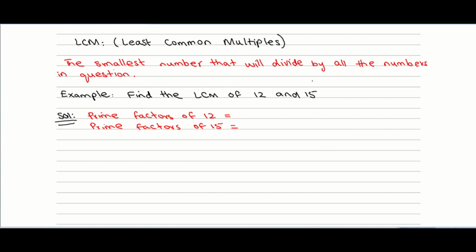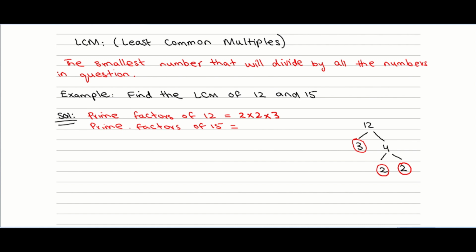Here we have 12, and we can write 12 as 3 times 4, and because 3 is a prime number we can just ring it. 4 is not prime, so we write it again as 2 times 2, and both the 2's are prime numbers, so we circle them. It means we can write 12 as 2 times 2 times 3.